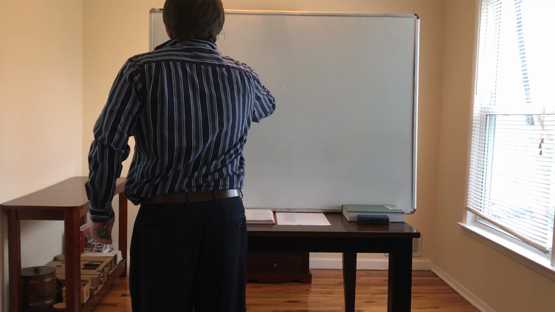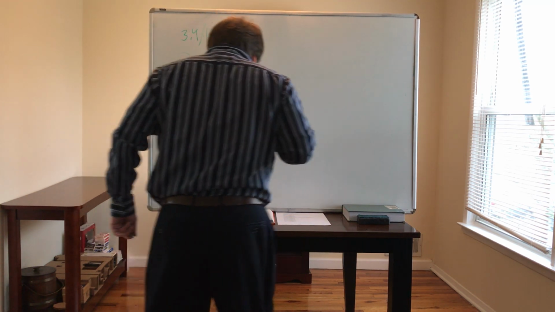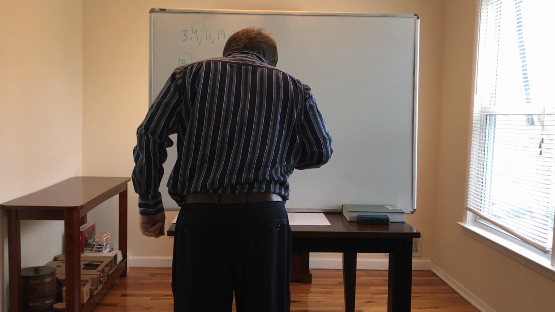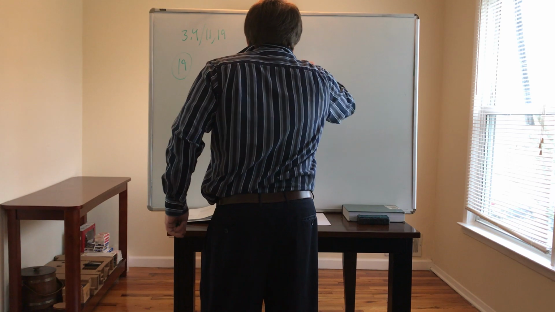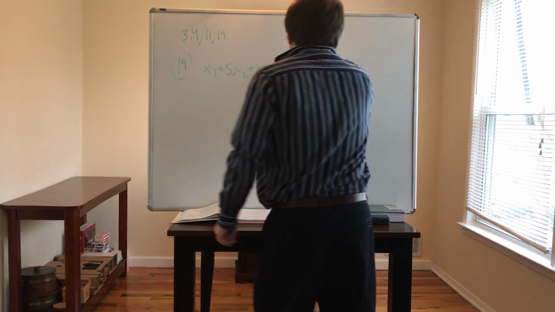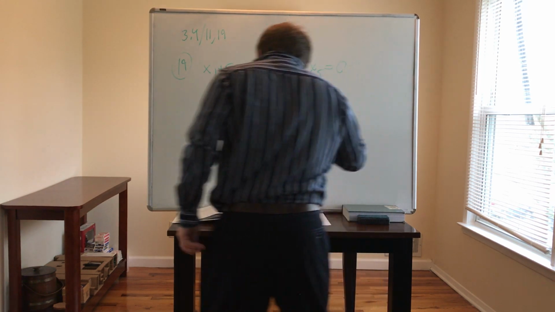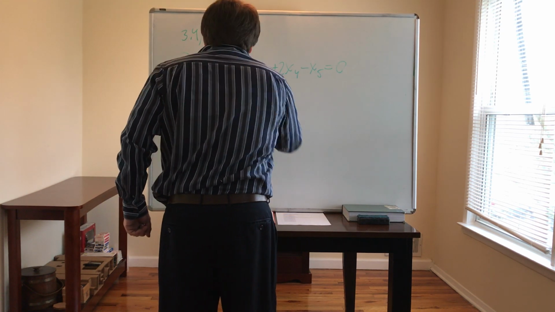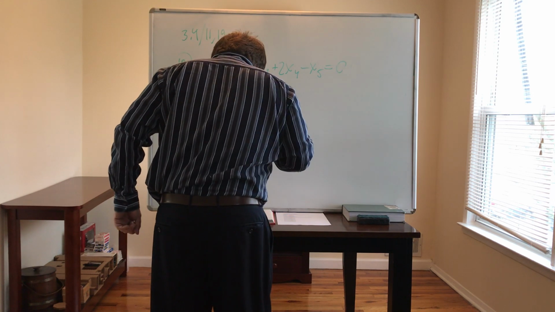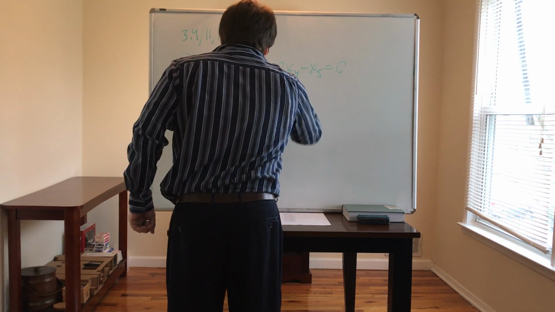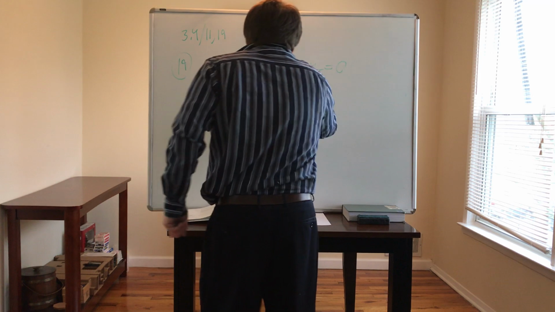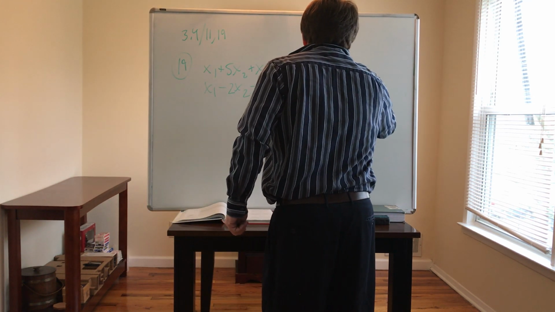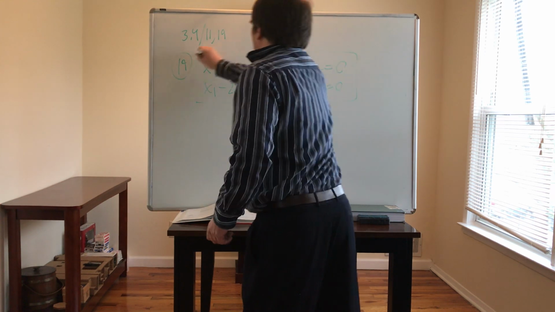So it's x1 plus 5x2 plus x3 plus 2x4 minus x5 is equal to 0. x1 minus 2x2 minus x3 plus 3x4 plus 2x5 is equal to 0. So here's your system.